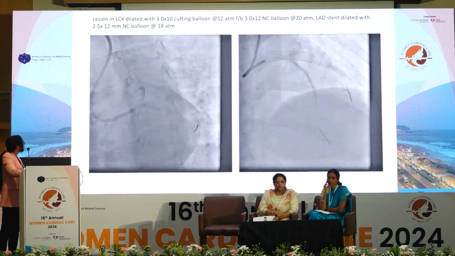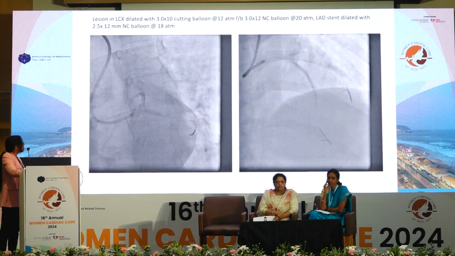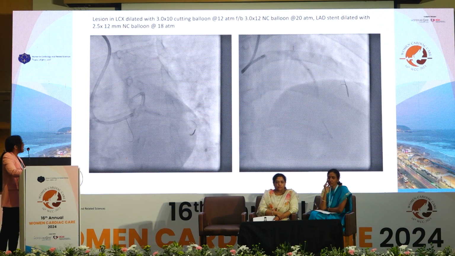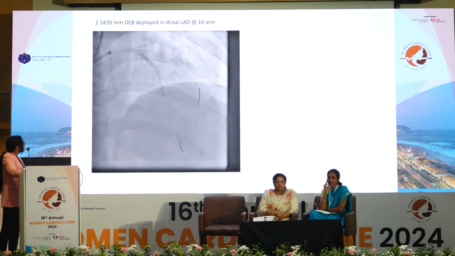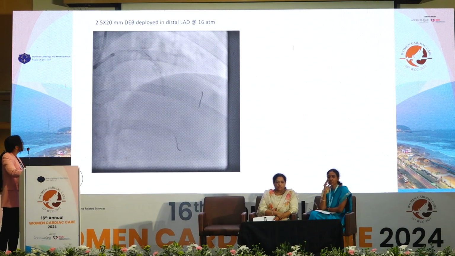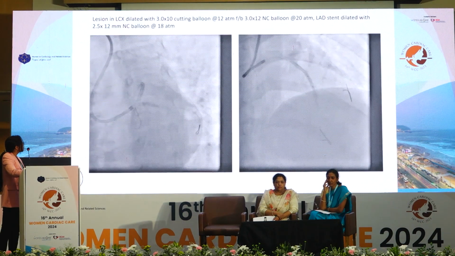We pre-dilated the LCX with a 3.0 cutting balloon, and then with a 3 by 12 mm NC balloon. We dilated the LAD stent with a 2.5 by 12 mm NC balloon at 18 atmospheric pressure.